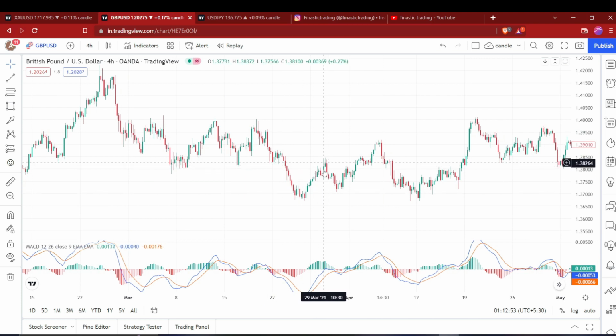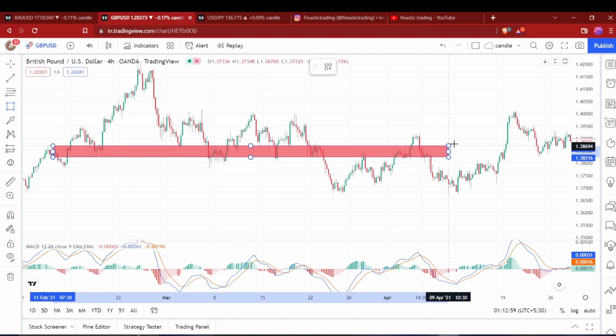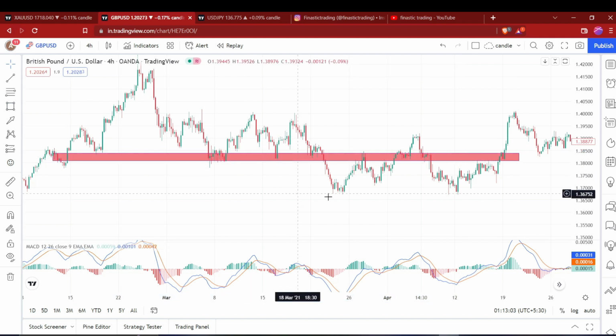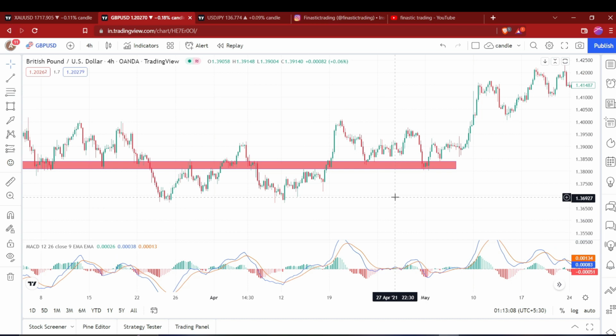It was broken, it became a resistance. So I have seen that this area is a pretty good support or resistance. So I will wait for the market to reach the point again. Now over here, the resistance is broken and now it has become a support.